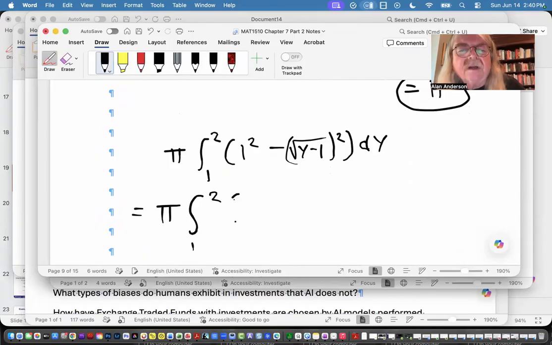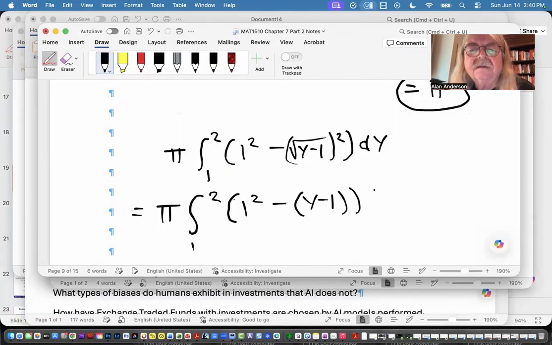So of 1 squared. Of course, when you square radical y minus 1, you'll just end up with y minus 1. And the 1, we'll just leave it as 1.